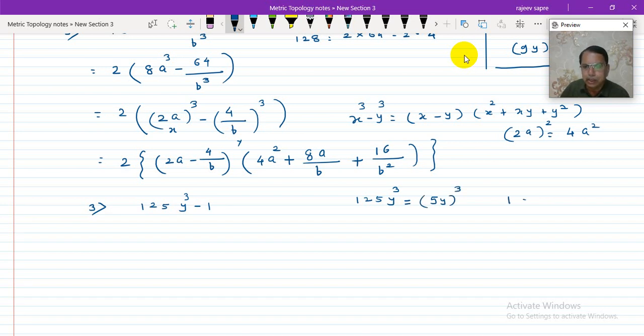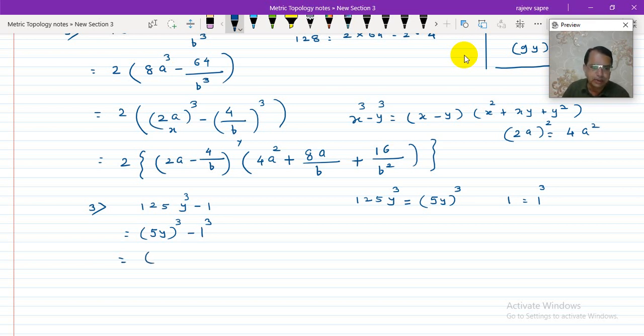And 1 is 1 cube. If you take any power of 1, it is 1. So you can write 1 as 1 cube. So the whole thing becomes 5y bracket raised to 3 minus 1 cube. Now you have to use this x cube minus y cube formula. In place of x you take 5y, and in place of y you will take 1.